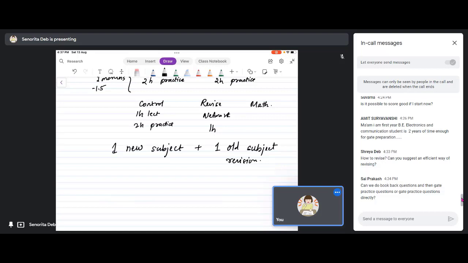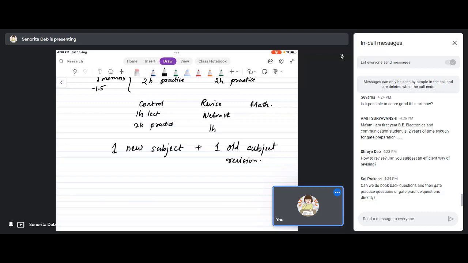Just take random 5 questions and start solving them. Random 5 questions would do. Even if you have done those 5 questions earlier, don't worry. When you take 5 questions randomly, it's pretty new to your brain initially. Unless you have really mugged up that question, it is pretty new to you. So I think the revision part is fine.